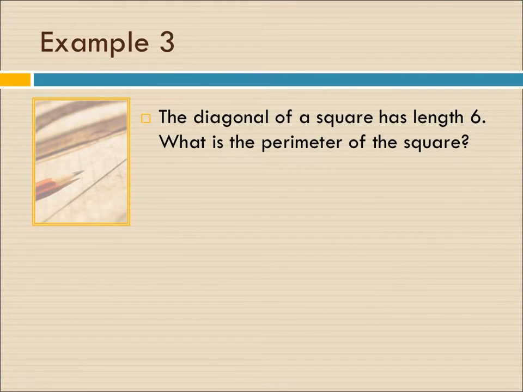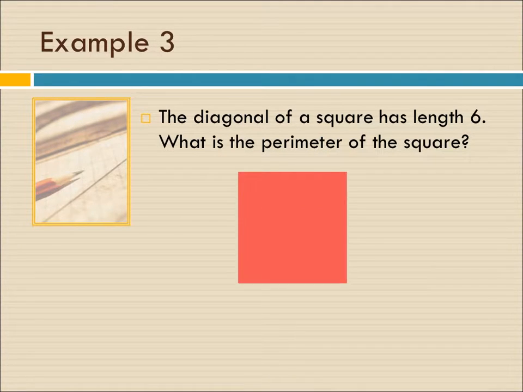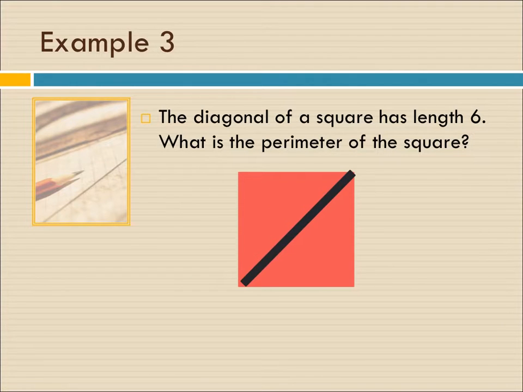This one says the diagonal of a square has a length of 6. What's the perimeter of the square? So start with a square. Give yourself the visual. And the diagonal of a square. Okay, and we've talked about this before.